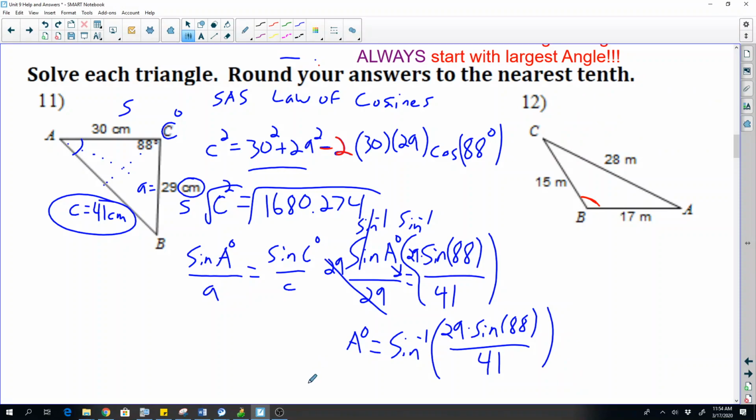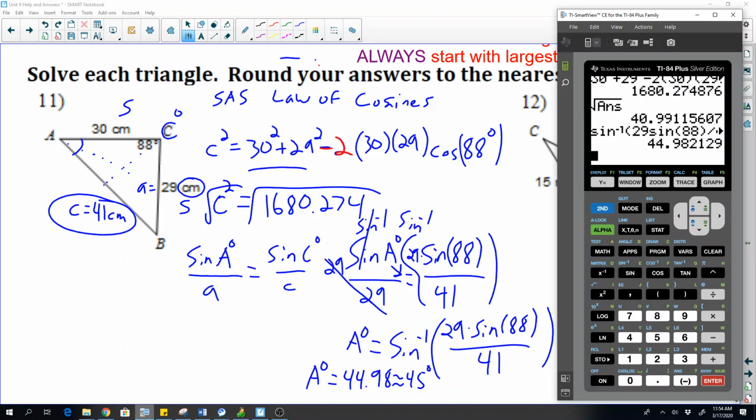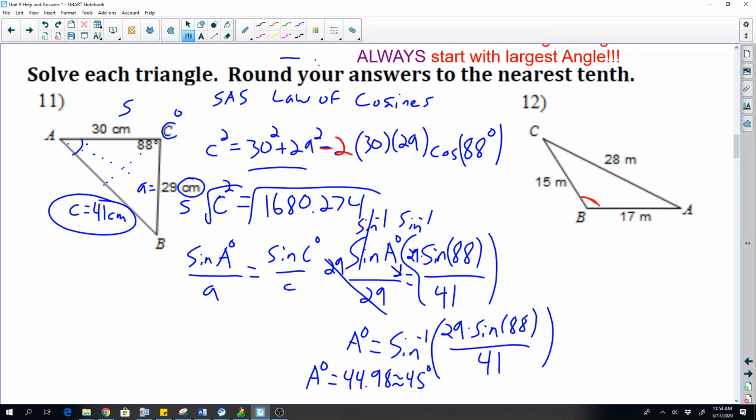So we have A is equal to 44.98, which rounds to approximately 45 degrees. So that was for angle A because they gave us little a, and then we used C to help us find it. So now angle A is 45 degrees.